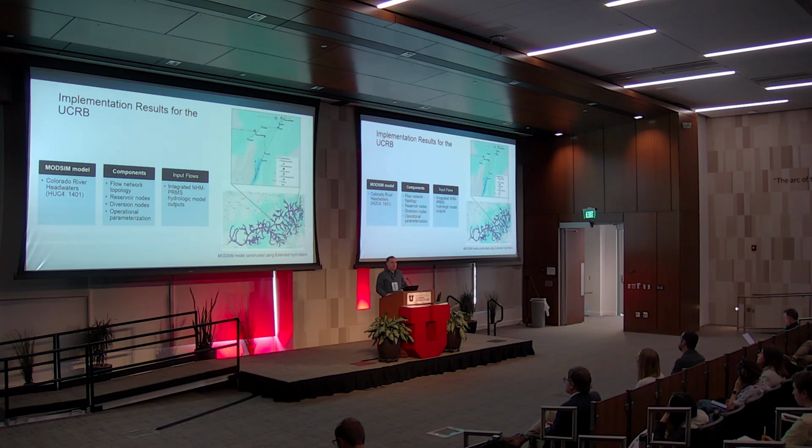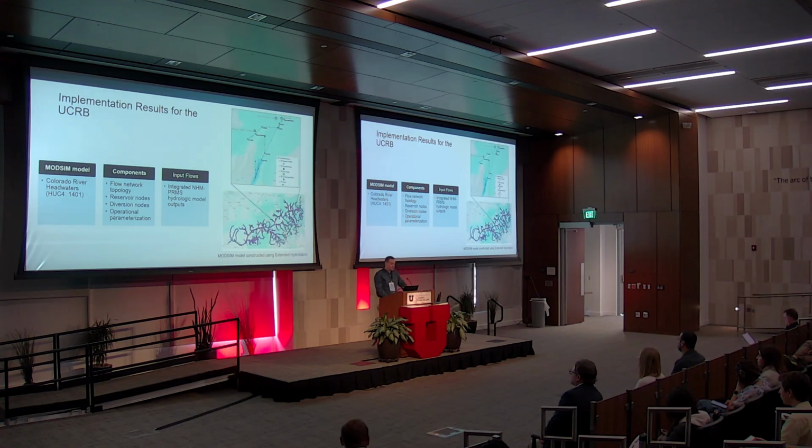As you can see with the arrows and links, the model represents the flow network topology from the reference hydrofabric. Reservoir nodes and diversions are included, and they are automatically parameterized with operational information from the relational database. To provide hydrologic inputs to the water management model, we integrated inflow time series from the NHMPRMS hydrologic model.